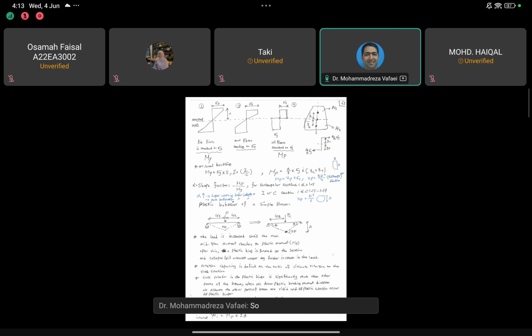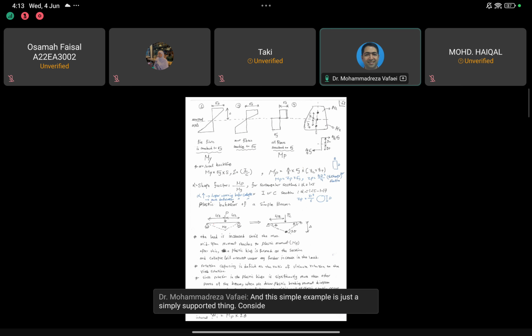So now I want to introduce to you how we can calculate the ultimate load of our structure when it enters the plastic zone. We go through a very simple example, just a simply supported beam.